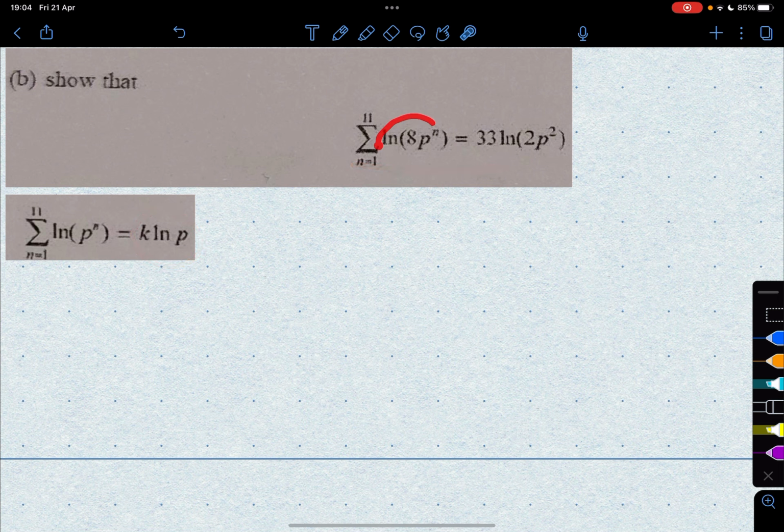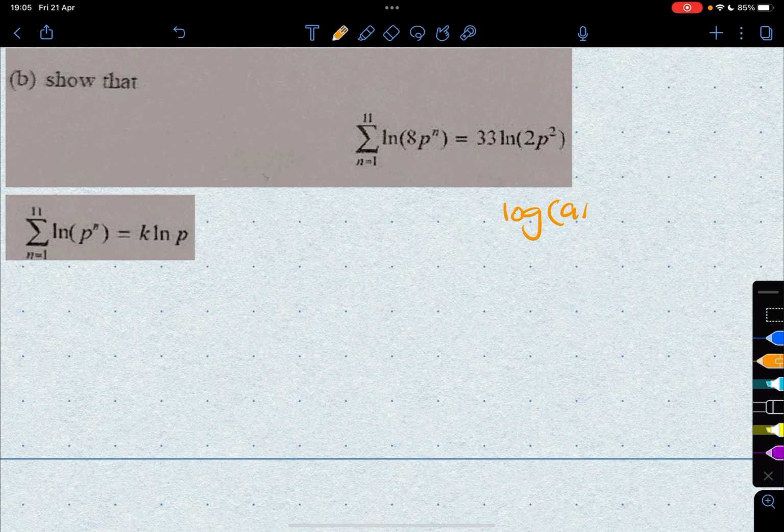So whenever you see an 8, you should be thinking 2 cubed. And they've got a 2 here, so it's likely that that 8 is going to turn into a 2 cubed. And when you've got a product inside a log, you can write that as the sum of 2 logs.